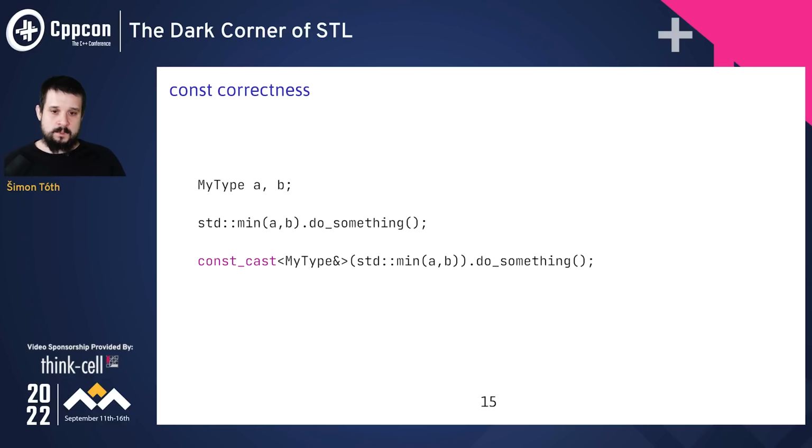And if we are working with programmers that are not super familiar with C++, const_cast isn't a very typical cast. So it might be also quite surprising code.